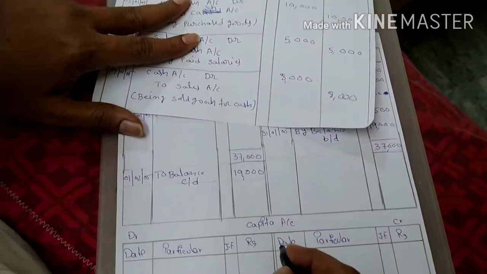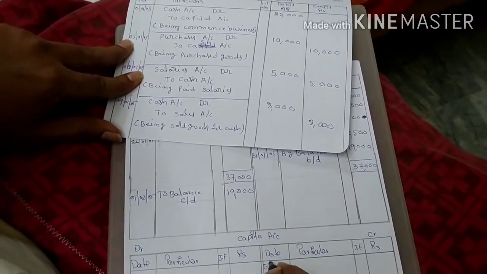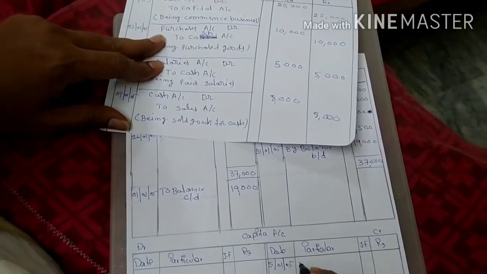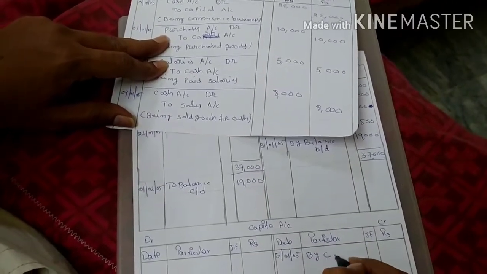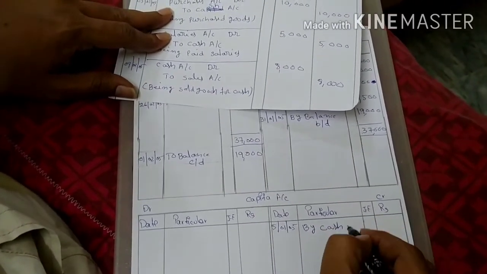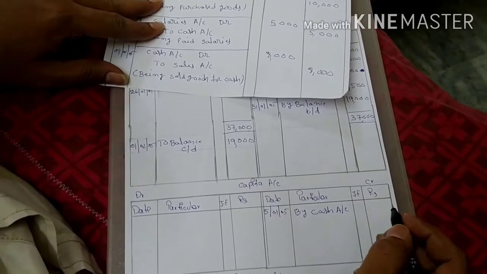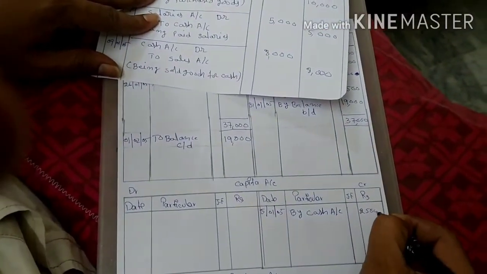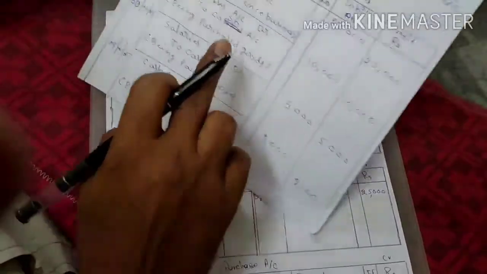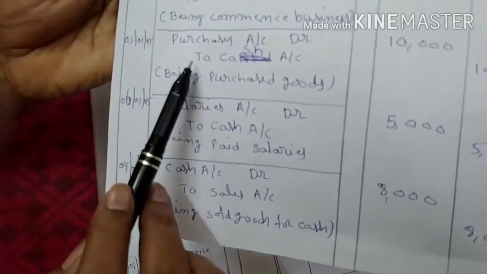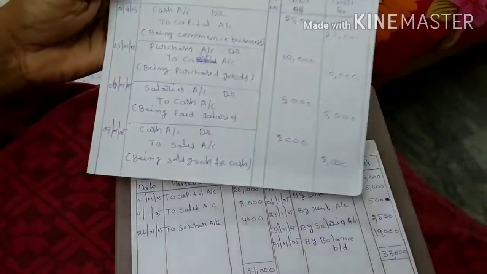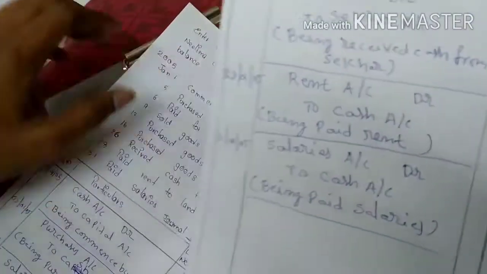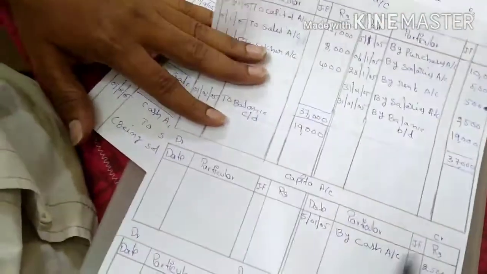That means the first date here, 5th January 2005, by cash account, that is 25,000 rupees. Next, look here, the first one no, the second one capital, the others no capital. That's why only one transaction is there.